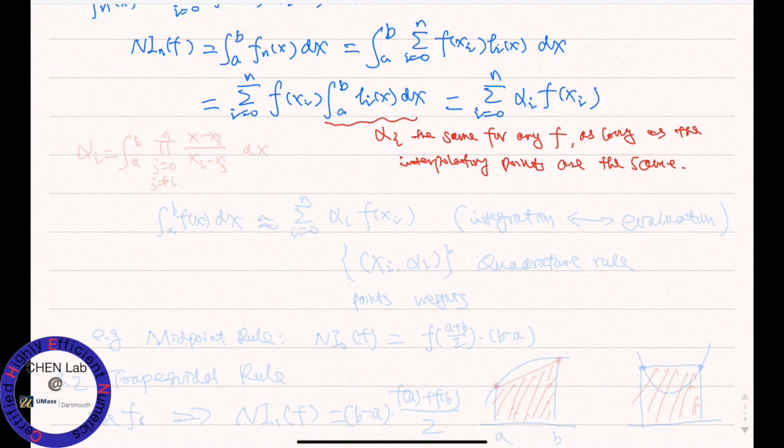The alpha I is simply an integral of this product, j from 0 to n, j not equal to I, of (x minus xj) divided by (xi minus xj), dx. That has nothing to do with f. There's no f in it.